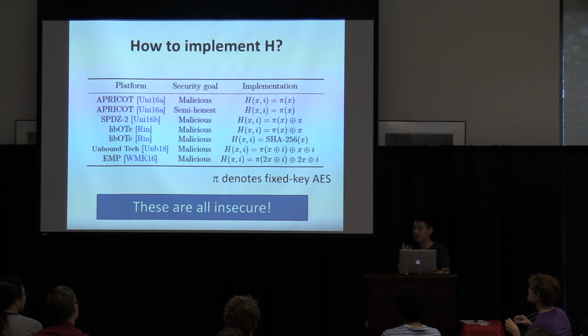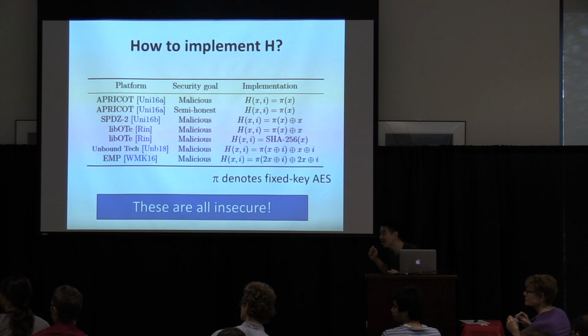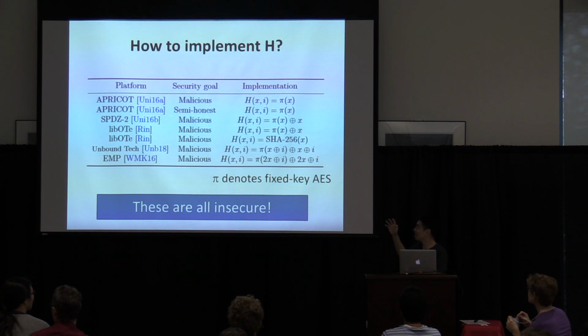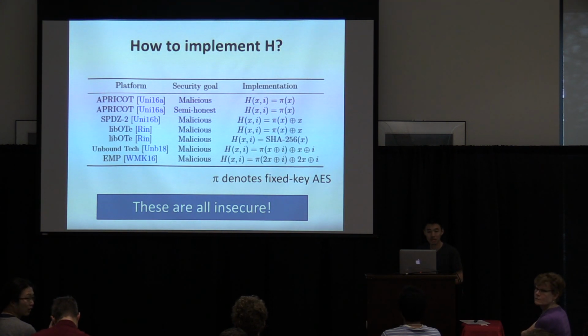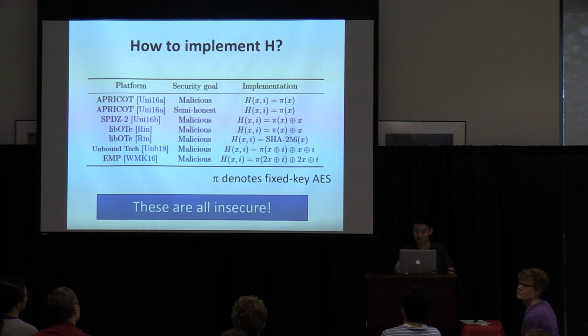For example, the original OT extension is fine, but there are attacks against some of the proofs and some of the implementations. It's not like an attack as in I can violate your privacy; for some implementations, you can. And the next slide actually shows one that you can actually attack.